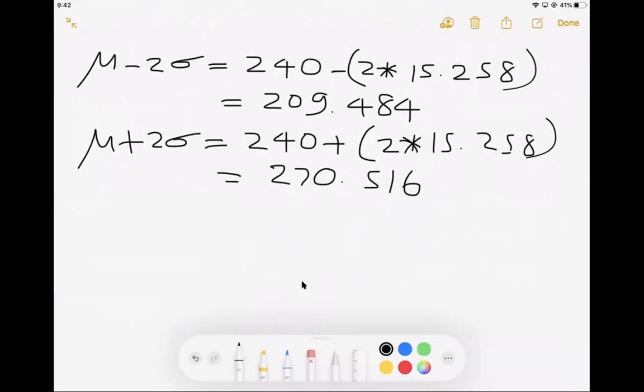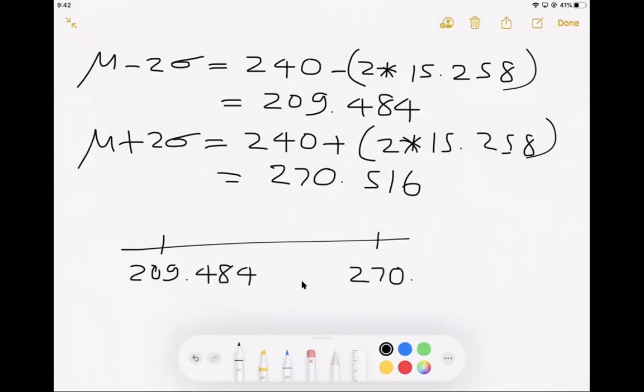Now what is the question? The first one asks, would observing 200 twins be unusual? This is about twins, so you can round. Here the lower boundary is this.